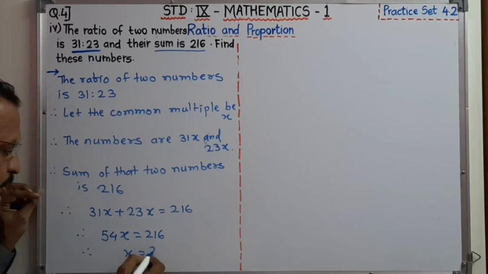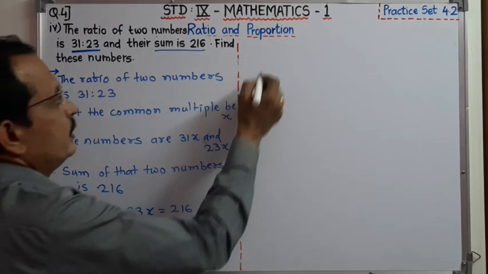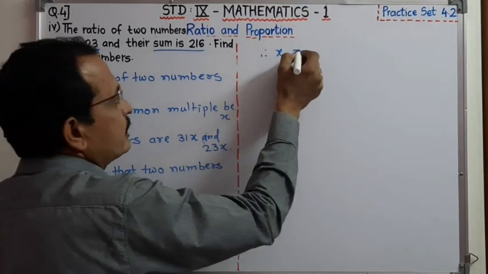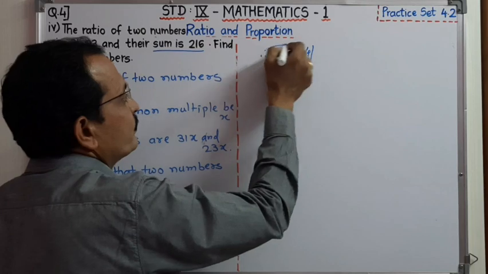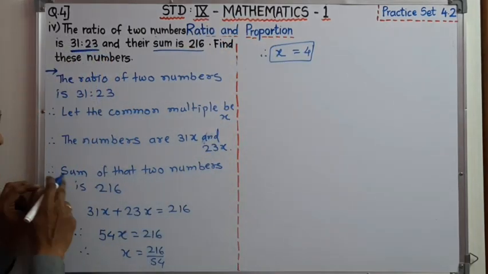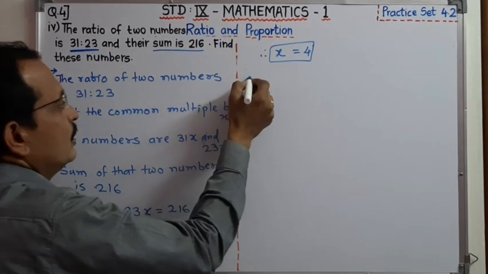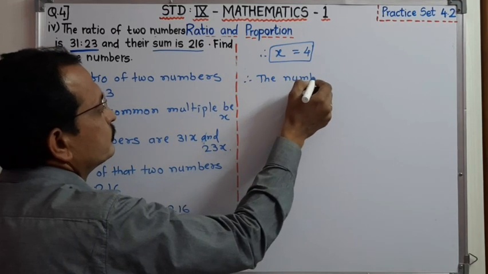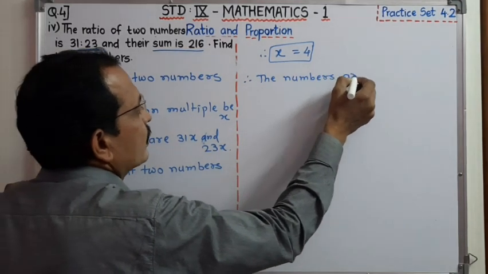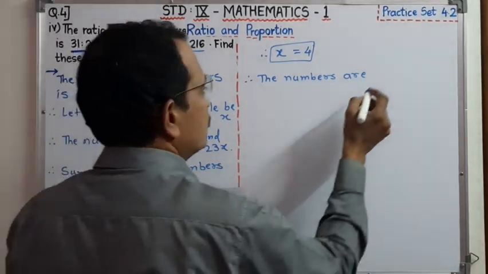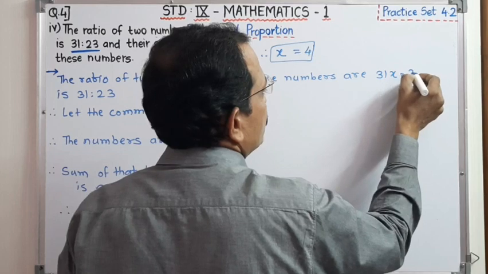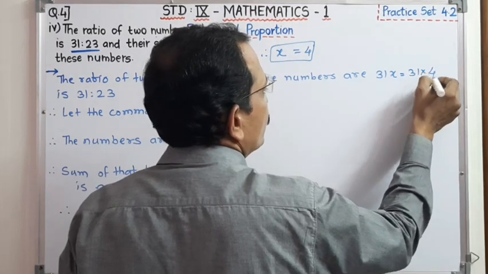Therefore, x is equal to 216 upon 54, and here if we divide this, we get x is equal to 4. Now see the numbers. Therefore, the numbers are, first one is 31x is equal to 31 into 4.